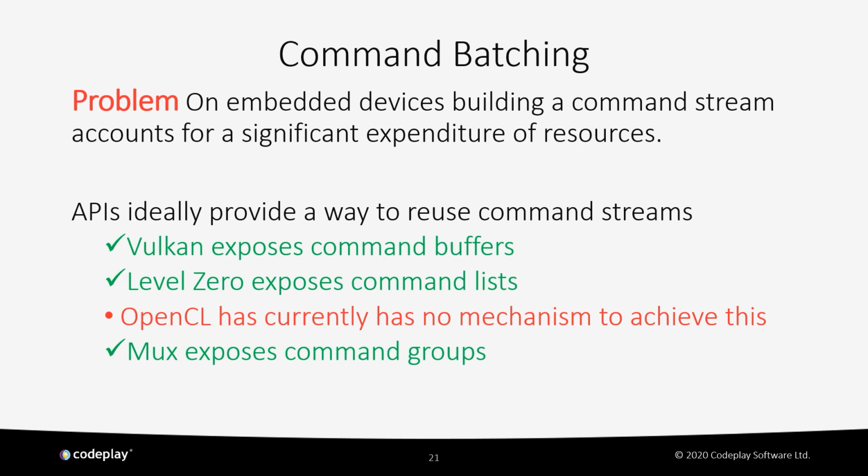Vulkan has command buffers, Level Zero has command lists, but OpenCL doesn't have a mechanism for achieving this. You just constantly enqueue commands to the command queue, but there's no way of building up a group of commands and then dispatching that group again and again. This is something that MUX exposes, mapped very similarly to Vulkan command buffers.